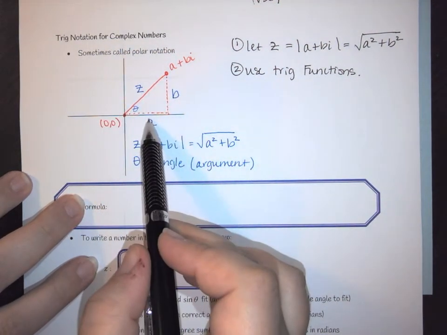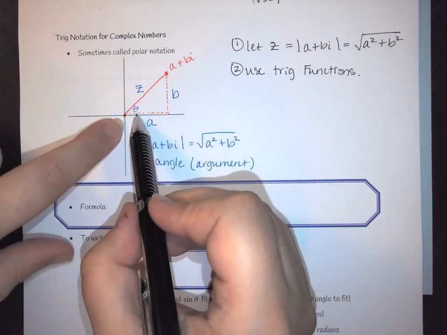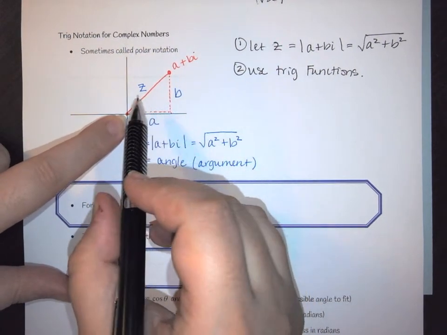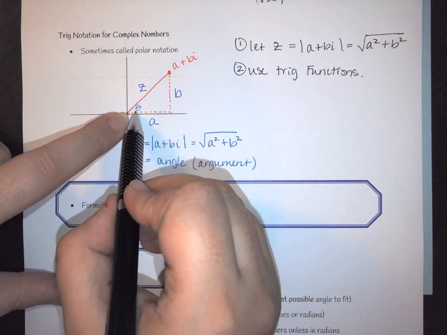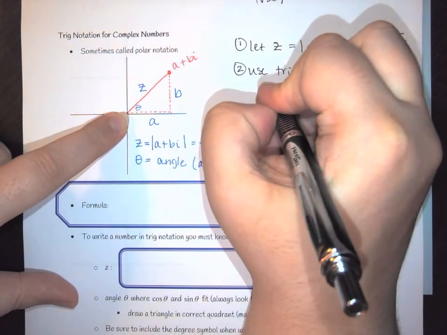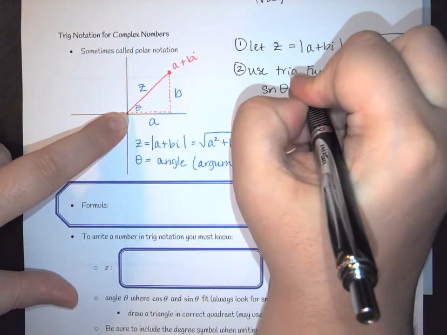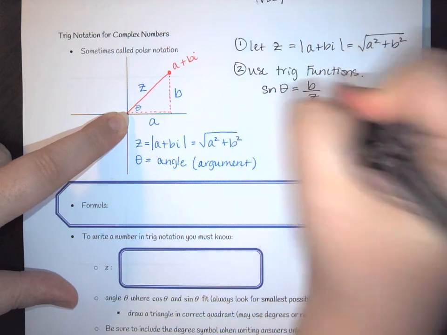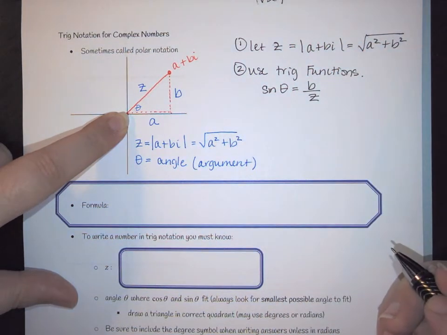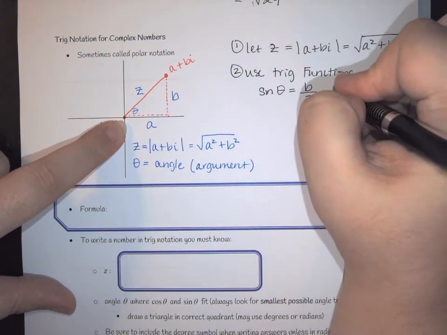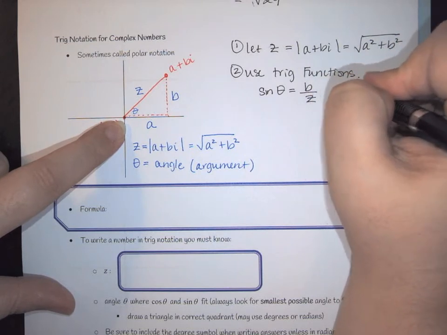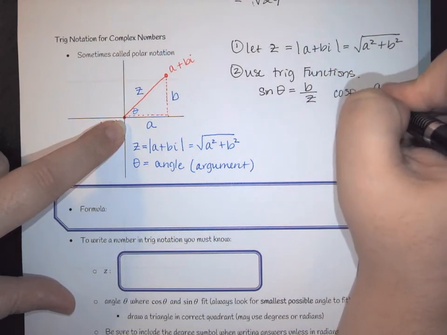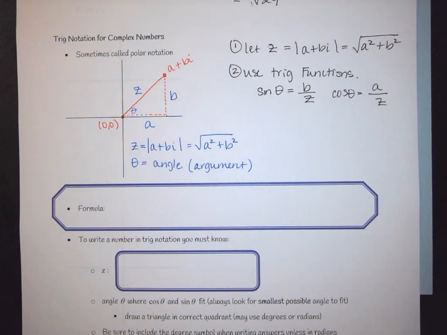If I look at my angle, the first thing that I note is that the sine of my angle, whatever this angle is going to be, is b over z. The other thing to note is that the cosine of my angle is going to be a over z.